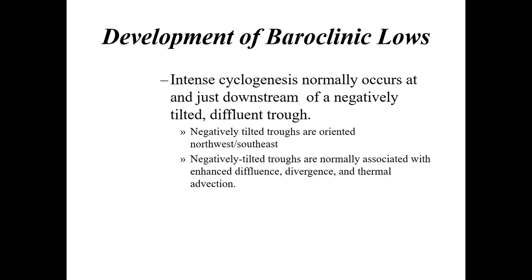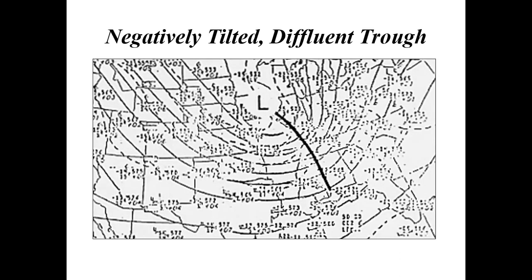So when we get these negatively tilted troughs, we generally have a very large temperature gradient and very strong cold air moving into an area, with very strong warm air out ahead of the low pressure moving northward in that same area. Here is what a negatively tilted diffluent trough would look like on an actual weather chart.